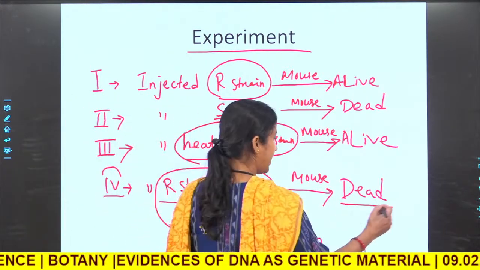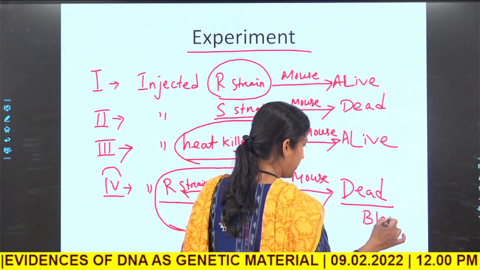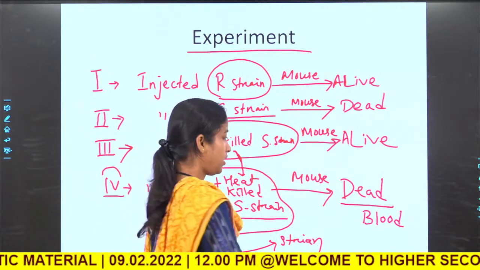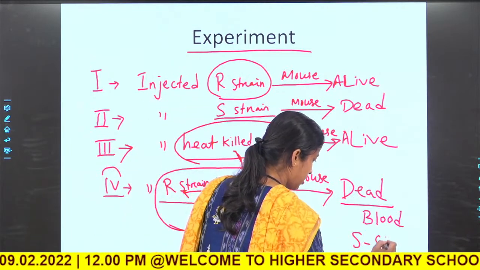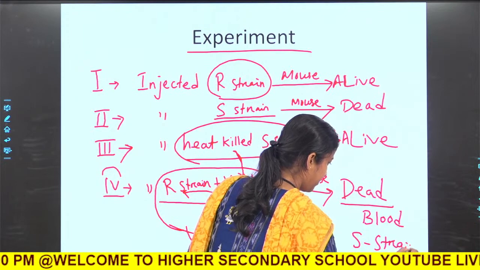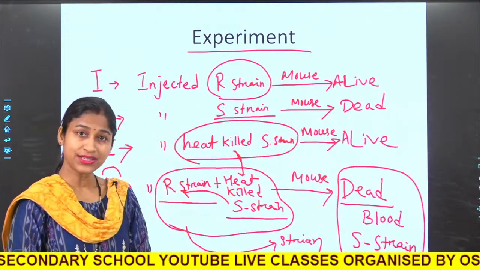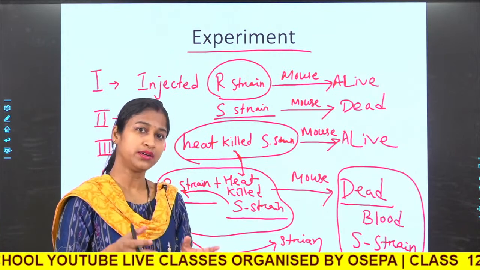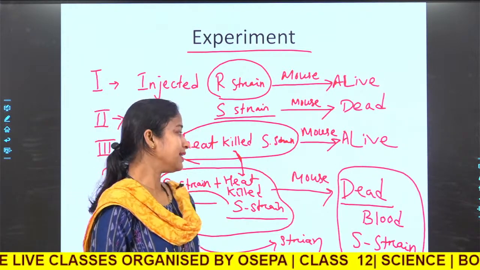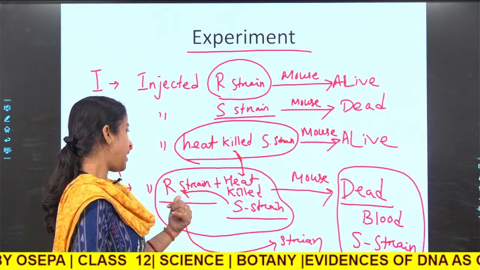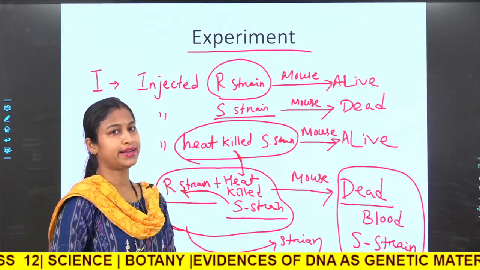Why? Because when he collected the blood sample from the dead mouse, he found the S strains inside it. All the dead mice have S strain inside their blood, whereas they had been injected with the R strain and the heat-killed S strain.